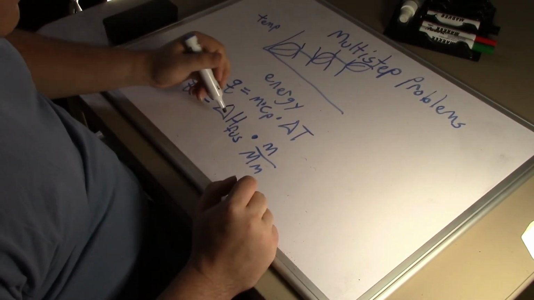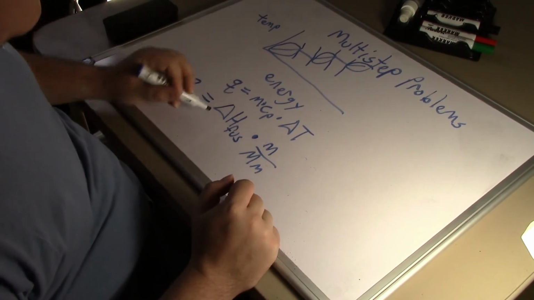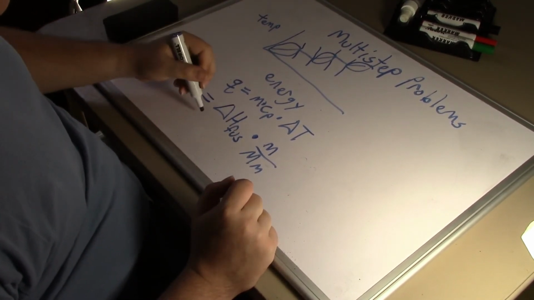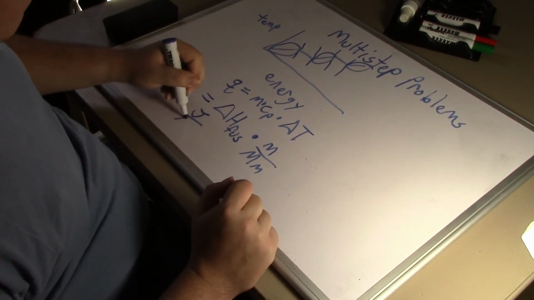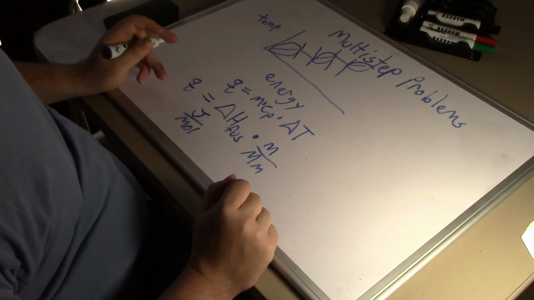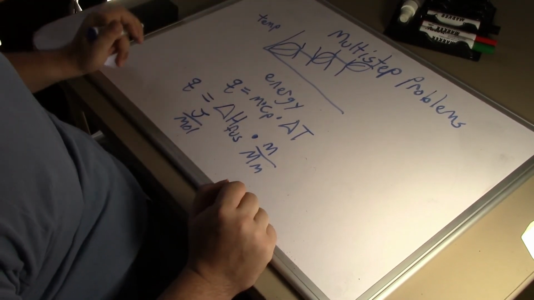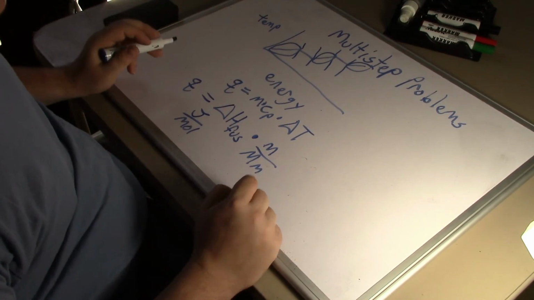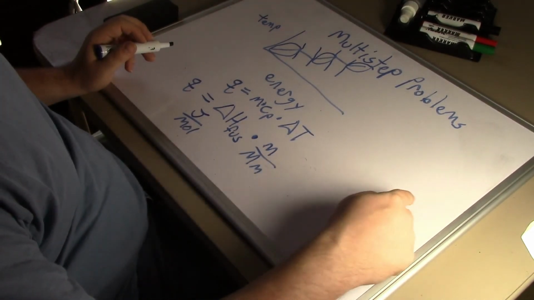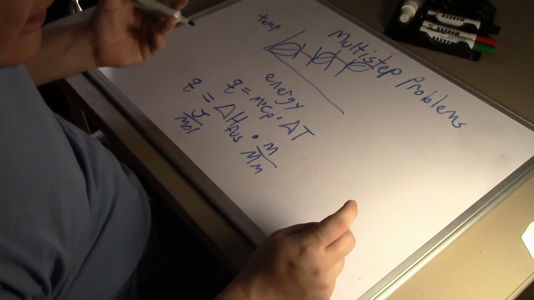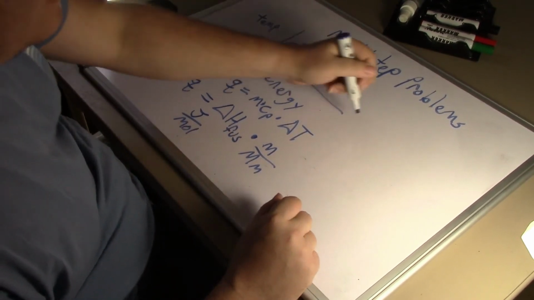Right? So again, remember that the molar heat, the delta H, is in joules per mole of energy. So we need to find the moles of our substance. If our substance is given to us in grams, then we can convert it from grams to moles by dividing it by its molar mass.